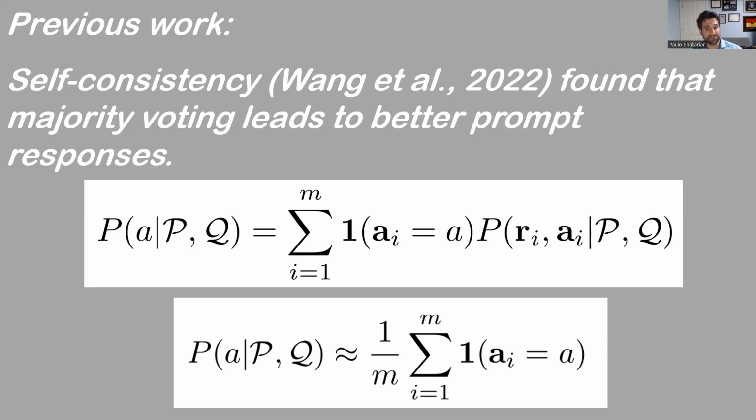So you see in that summation, i equals 1 through m, and each of those i's is associated with a query for the same prompt. You have an indicator function. If a_i, the response for prompt i, equals a, and then you have the probability of the output given p and q.